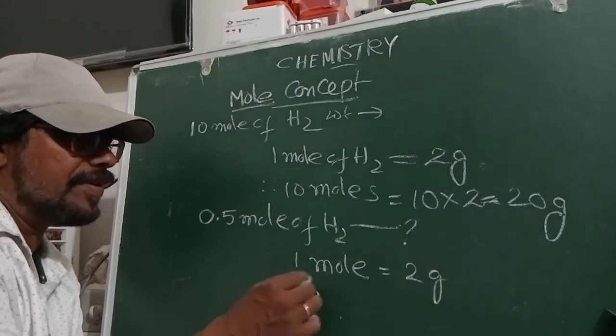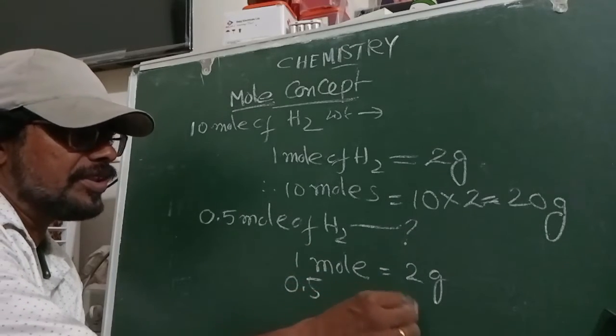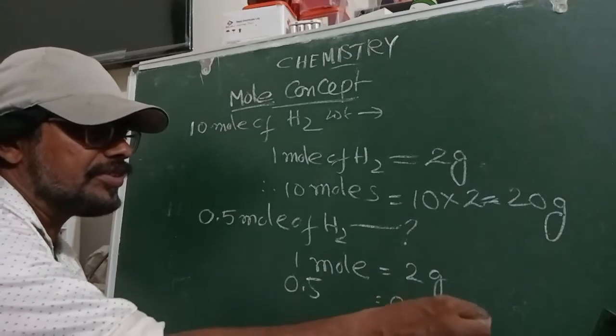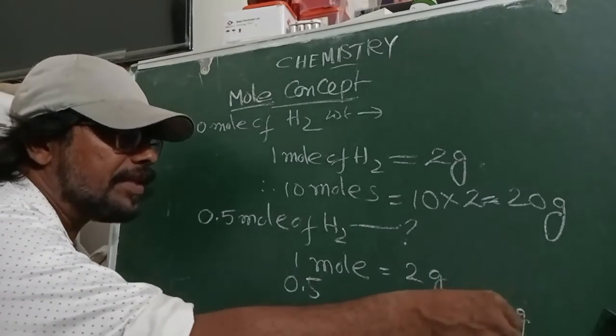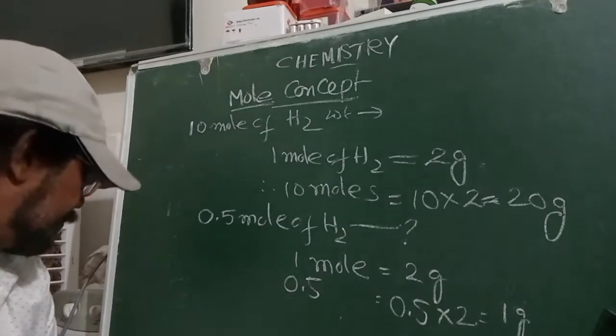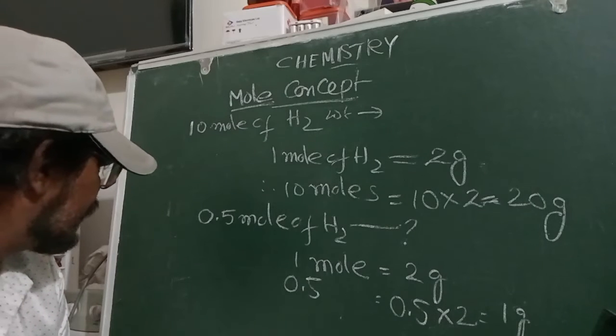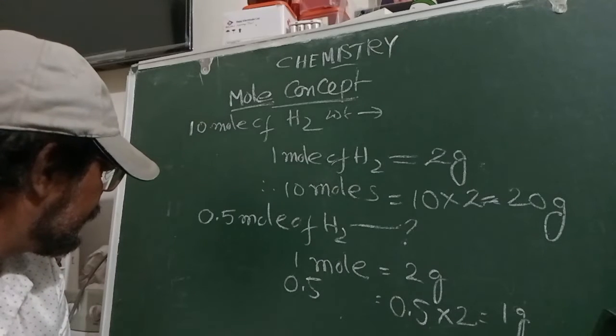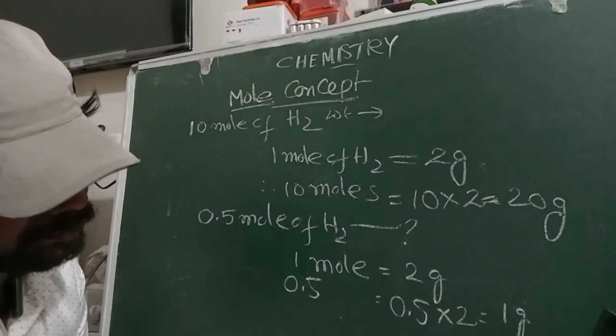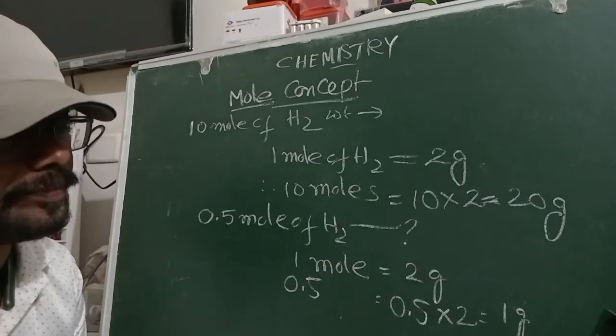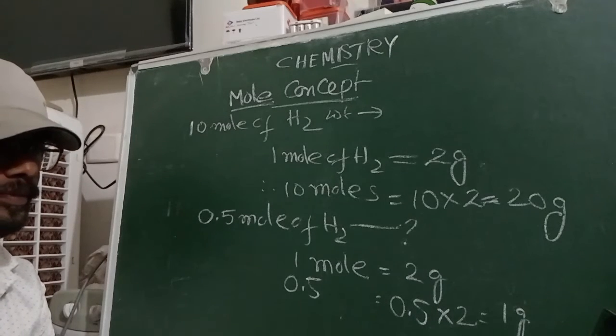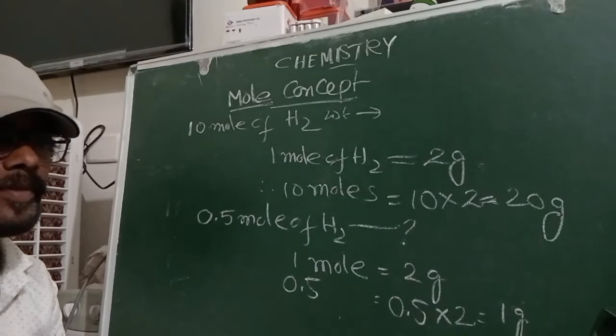So 0.5 moles: 0.5 into 2, that is equal to 1 gram. Okay?